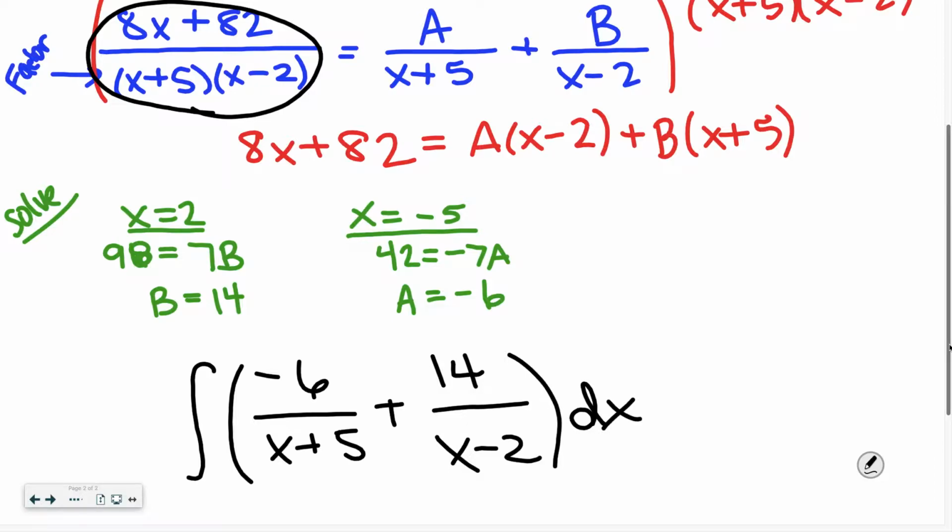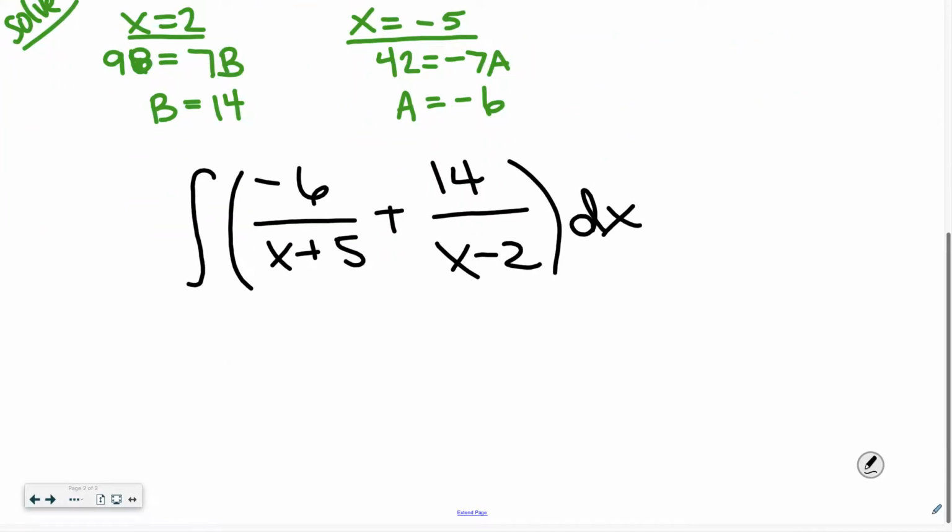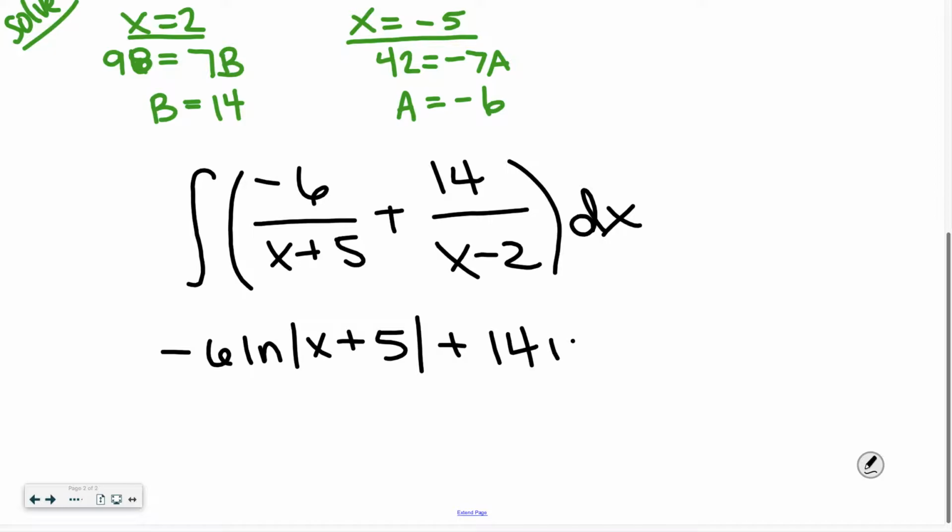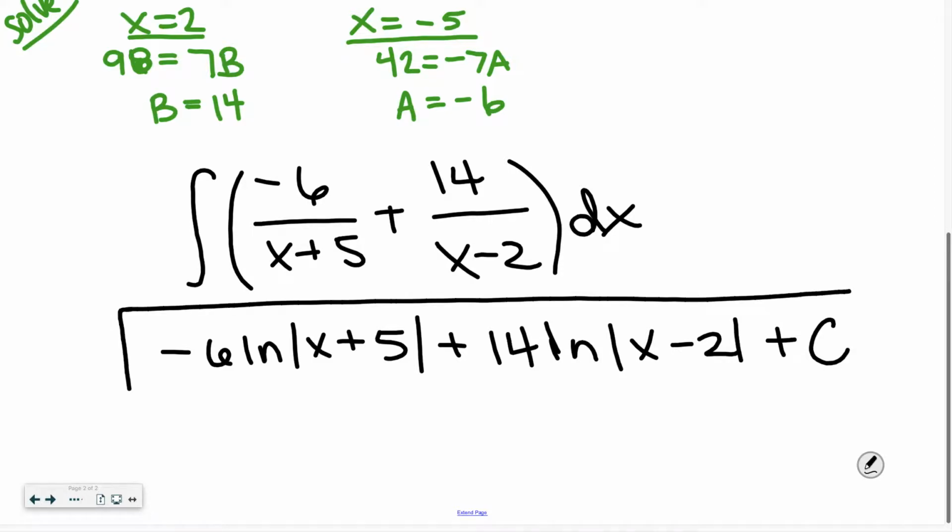All I did is we now take a and b and we pop them back in. When we integrate this, we get -6 natural log of the absolute value of x plus 5, and 14 times the natural log of the absolute value of x minus 2 plus c.